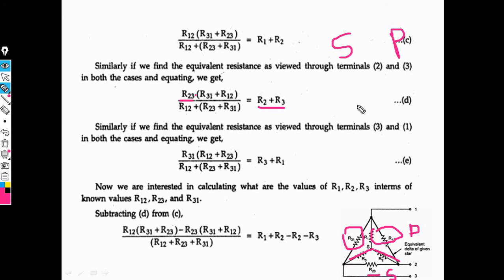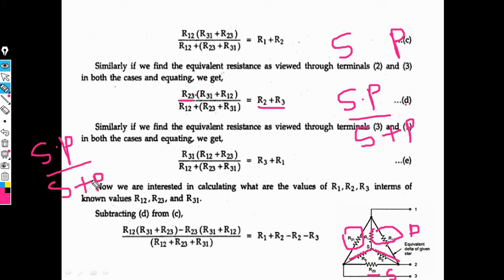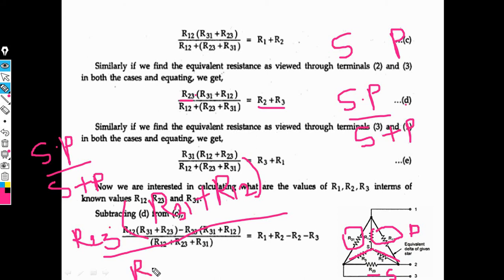Then we obtain S into P upon S plus P. The series parameter S is R23, into the parallel parameter R31 plus R12, upon S plus P, that is R23 plus R31 plus R12. Now this is for R2 plus R3.